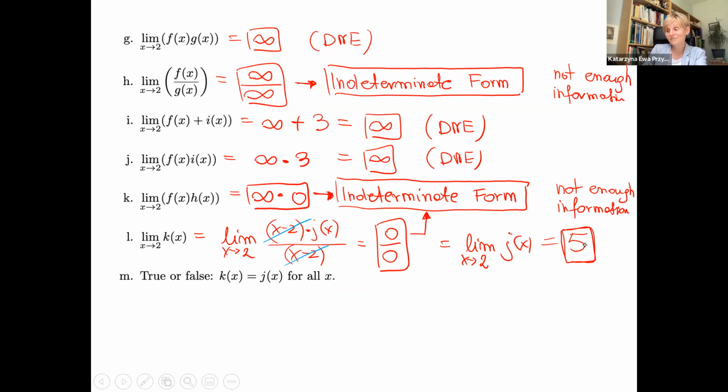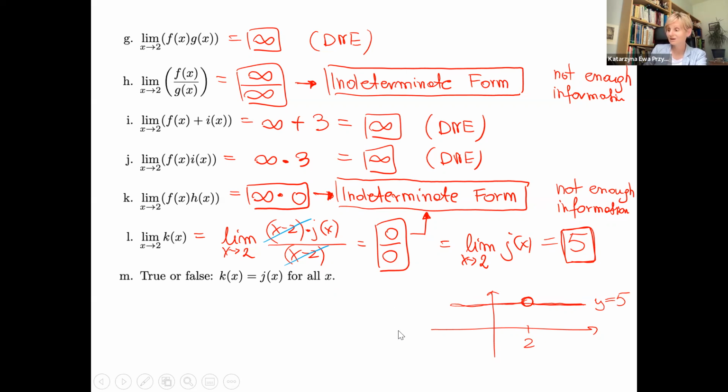But again, this function 5 is defined. If this is the constant 5, we end up having function y, which is defined as 5. It's still not defined at 2. The limit is 5, but we do not have the value. That means the limit of k of x and the limit of j of x are the same, 5, but not exactly the value.